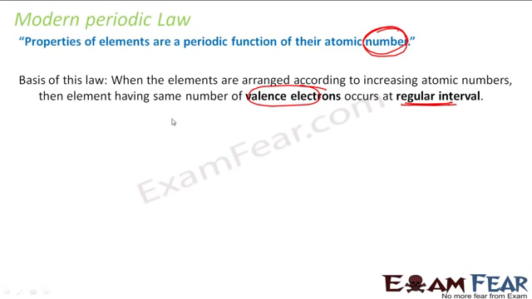If you keep arranging the elements in increasing atomic number, elements with the same number of valence electrons occur at intervals. For example, hydrogen has 1, then helium has 2, then lithium again has 1. Then beryllium, boron, carbon, nitrogen, oxygen. I'll show you the table. It follows the periodicity.